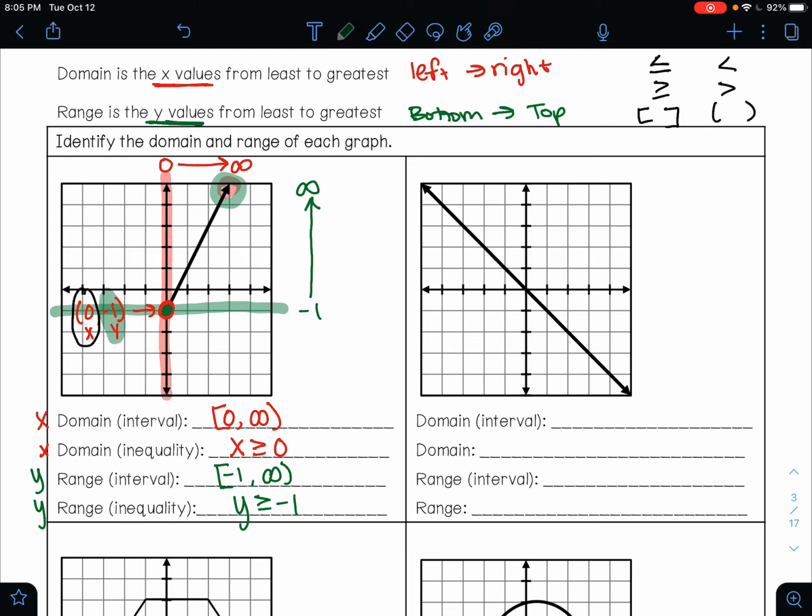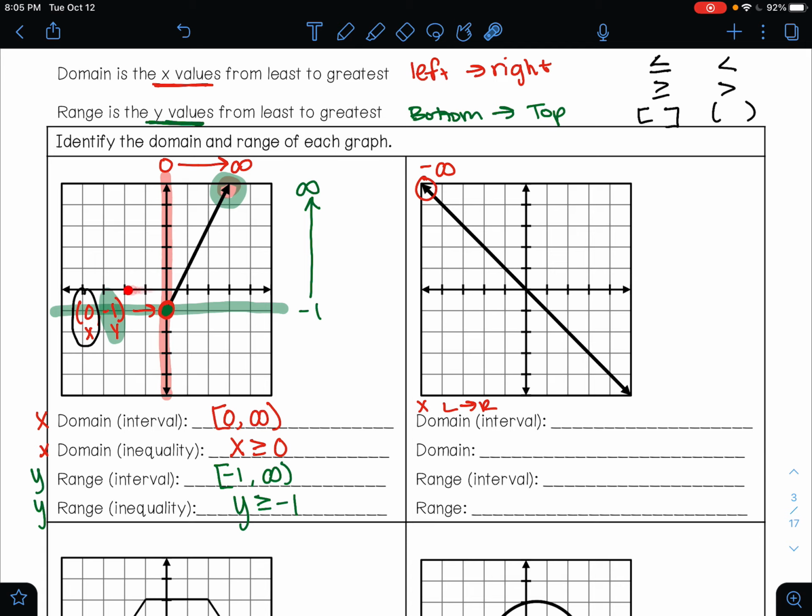We're going to do the same exact process for this next one. Your domain are your x values from left to right. My graph is going to the left forever. If it's going to the left forever, that means it's going to negative infinity, because my x values are going to keep going negative forever.